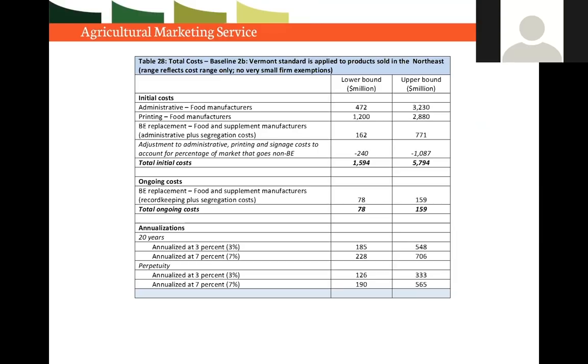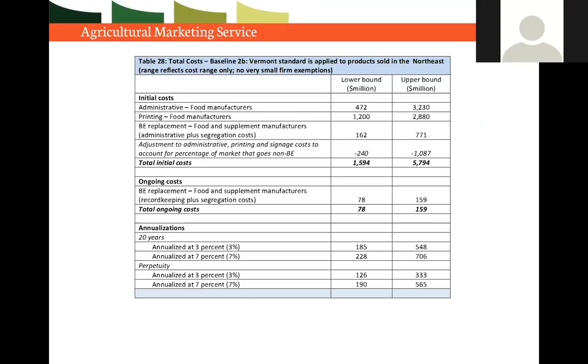OMB Circular A4 states that, quote, "baseline should be the best assessment of the way the world would look absent the proposed action. When more than one baseline is reasonable and the choice of baseline will significantly affect estimated benefits and cost, you should consider measuring benefits and costs against alternative baselines," end quote.